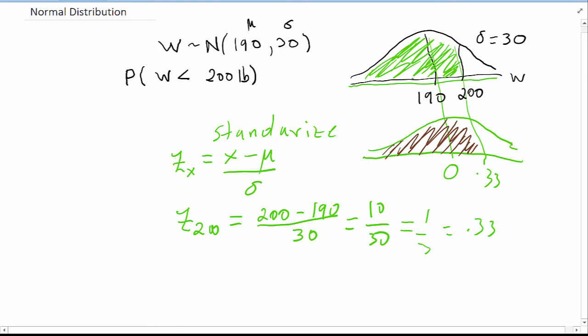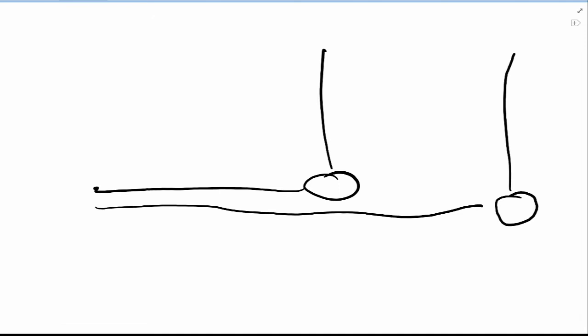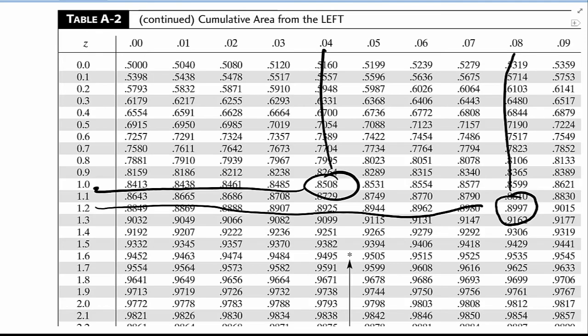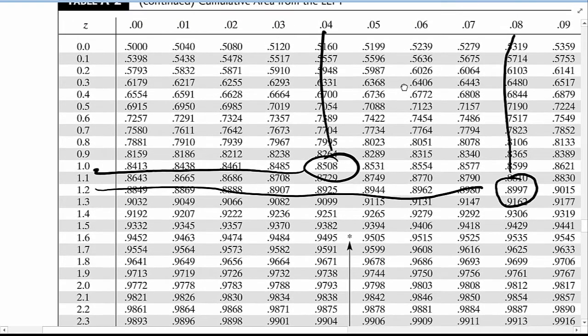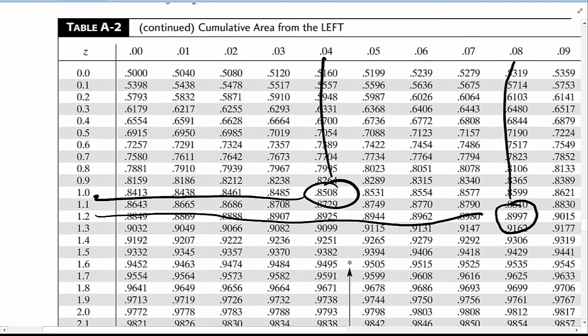But now we can look at the table. If you saw the last video, we can go to the positive table, and for the value of 0.33, the area is what? Is this the positive table? Yes. So now we have a data value of 0.33, and the area is 0.6293.